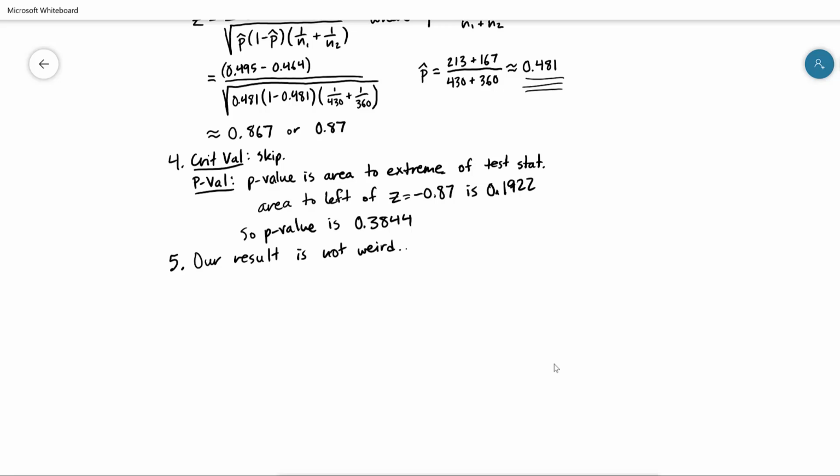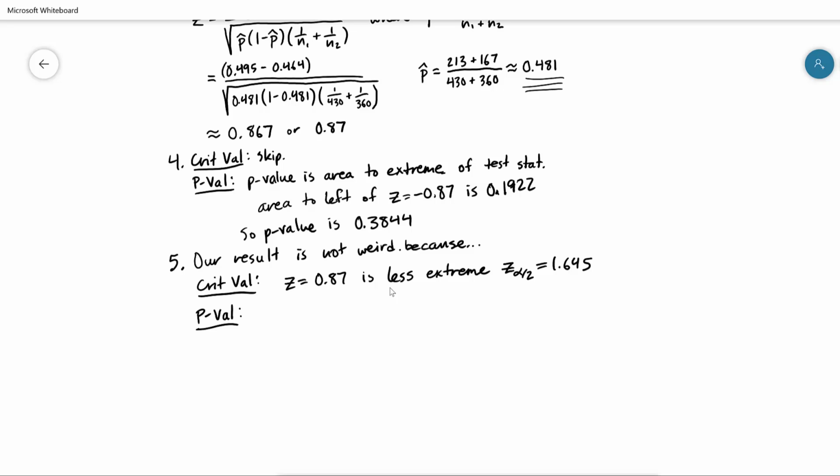And it's not weird because if I compare the two z-scores doing the critical value method, our z-score of 0.87 is less extreme than the cutoff that we were going to consider weird, which was the z sub alpha over 2, the positive one on the right side, positive 1.645, which is the one it would make sense to compare this positive z-score to. And if we're doing the p-value method, instead of comparing two z-scores, I will compare the two areas.